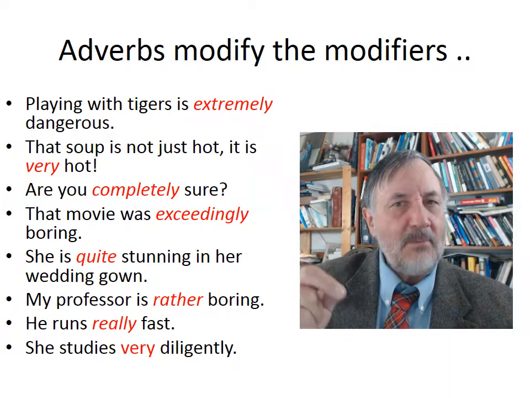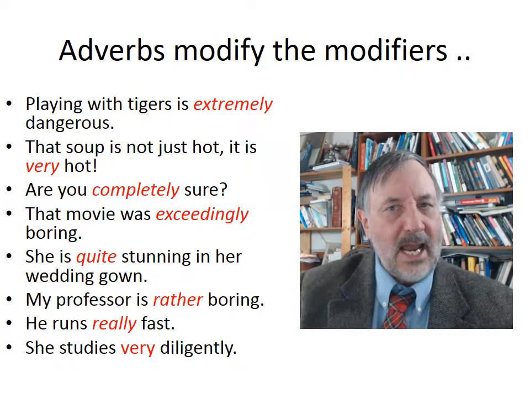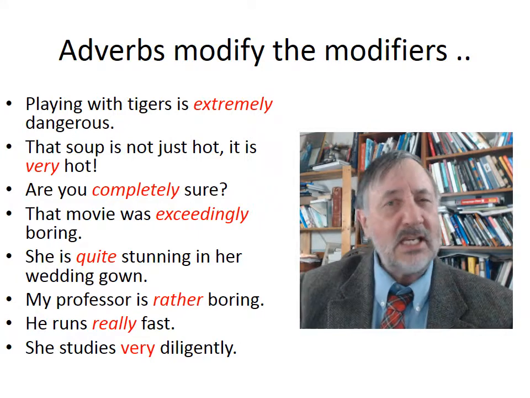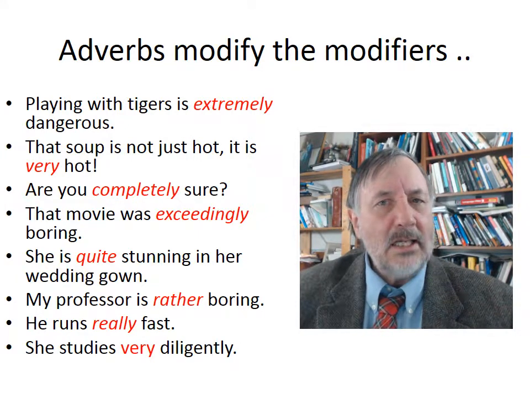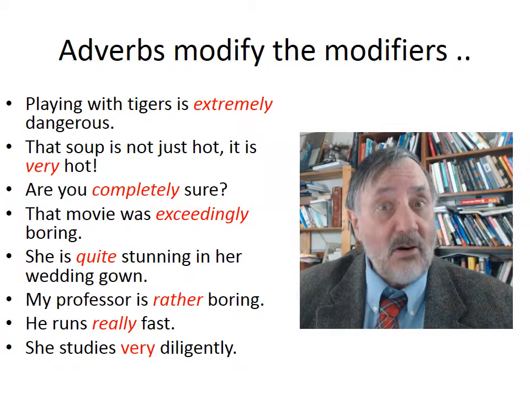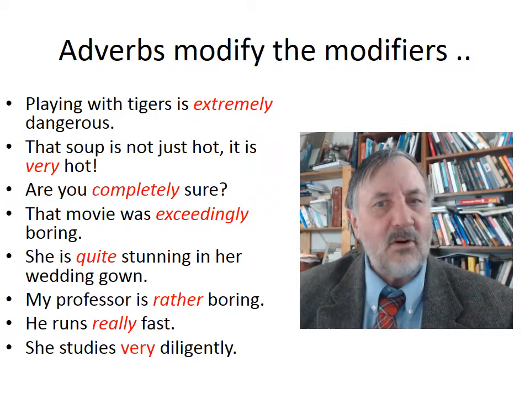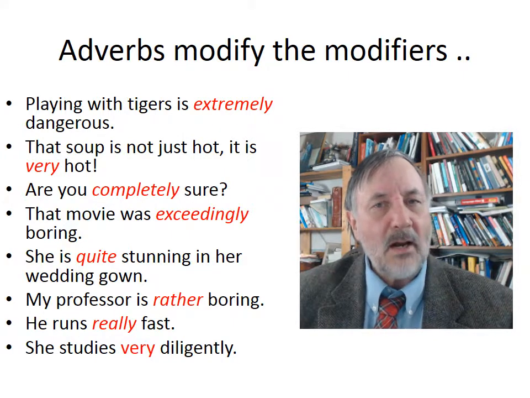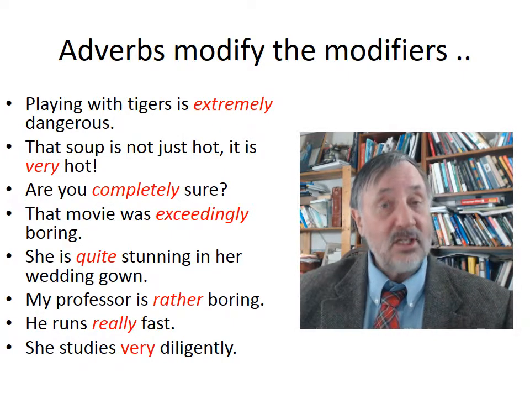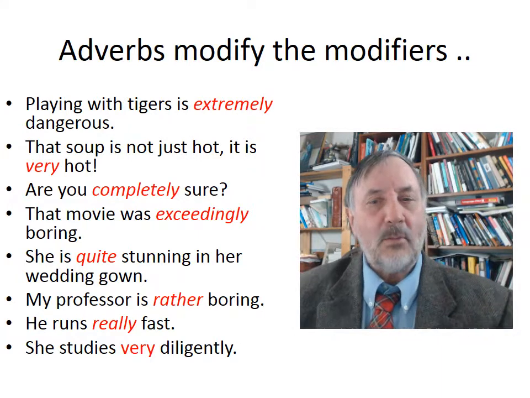It's being modified by extremely. Extremely is an adverb. It's not just dangerous, it's extremely dangerous. That soup is not just hot, it is very hot. The very is an adverb. It's modifying hot. Are you completely sure? Completely modifies sure. Sure being an adjective, completely would be an adverb.